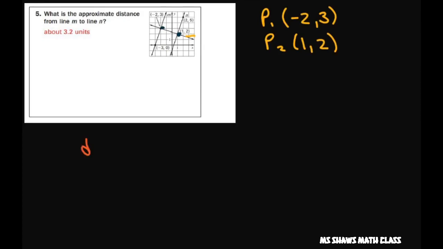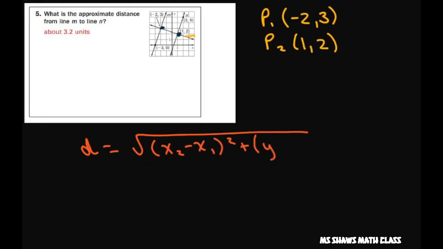So the distance formula equals the square root of the quantity x2 minus x1 squared plus the quantity y2 minus y1 squared. And we'll just let our 2's be our x2, y2, and the 1 is going to be the 1.